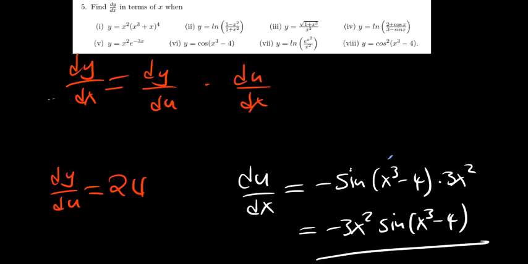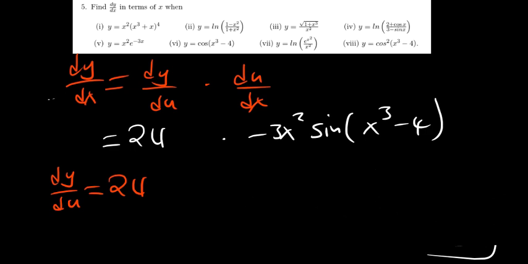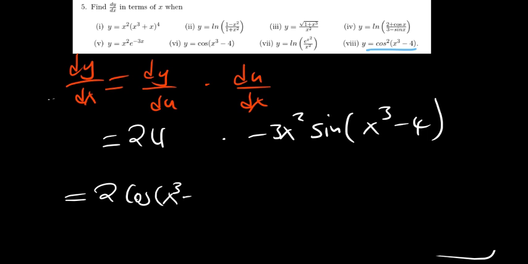So dy du is 2u, and then our du dx is this part, negative 3x squared sine of x to the power 3 minus 4. Now our u is basically whatever was in the brackets, right? So we said cosine of, so that would be 2 cosine of x to the power 3 minus 4.